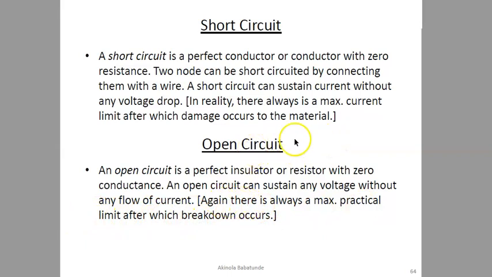So we usually have open circuit voltage VOC and short circuit current ISC. Remember, when we have a short circuit current, the voltage is zero. When we have an open circuit voltage, the current is zero. Open circuit voltage simply means that current is not allowed to pass through the terminals. So we have maximum voltage, current is zero.